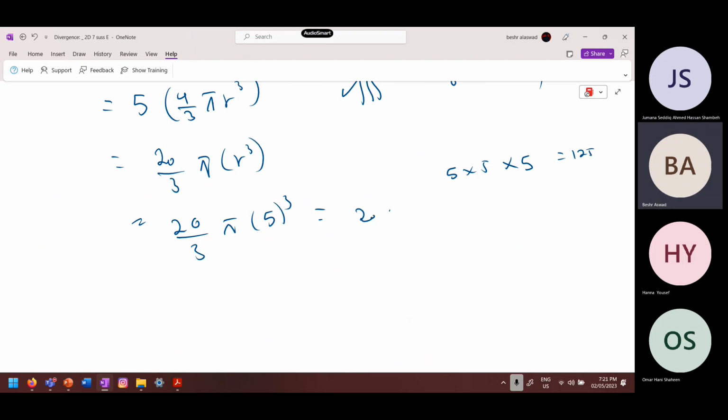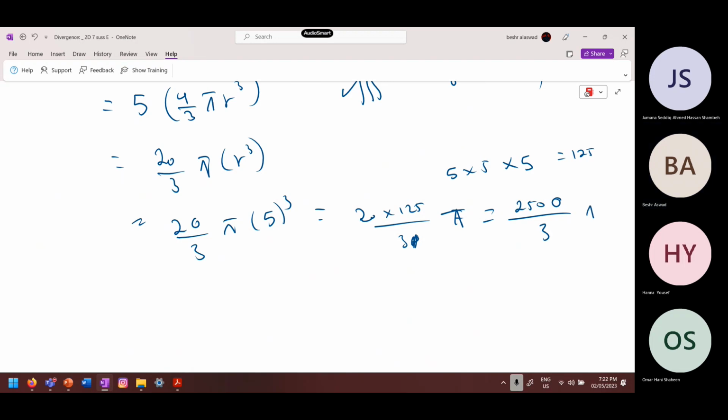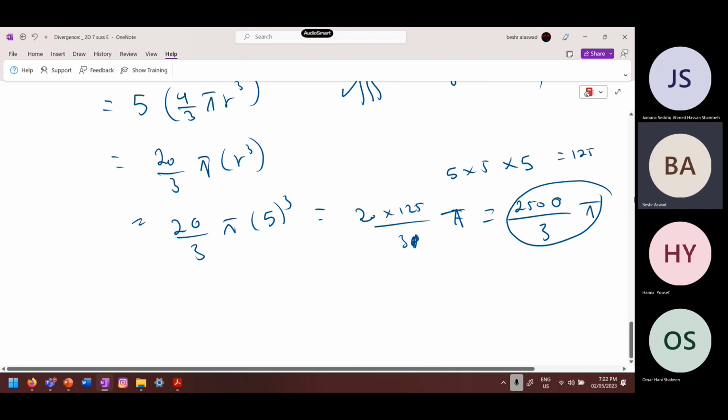So 20 times 125 over 3 pi. That's equal to, there's a 0 outside, 250, so 2500 over 3 pi. That's the value of your divergence integral for a 3D problem.